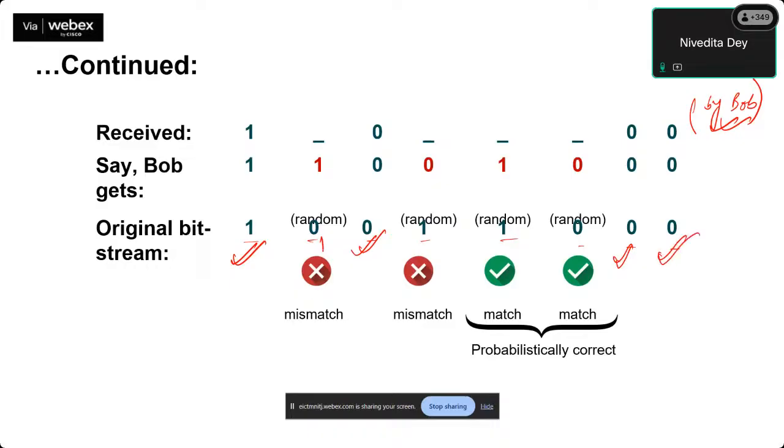But out of the four cases 1, 2, 3 and 4, though their bases do not match in all four cases, in two cases exactly the values are differing. It is 1, it is 0, this is 0, this is 1. And in these two remaining cases, though their bases are differing, they are getting the same value. So out of the 8, 4 are definite cases, and of the remaining 4, 2 are definite mismatch and 2 are probabilistic match or probabilistically correct, right?